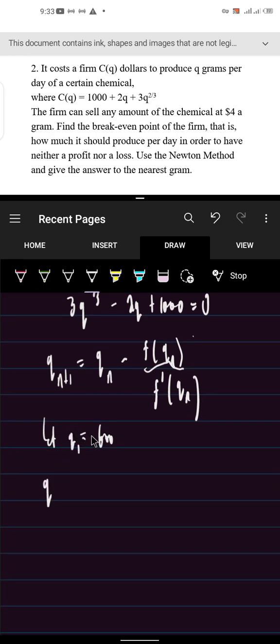So our q n plus 1, with a 1 here, meaning that our q2 will be equal to our q1, which is 600, minus f of q1, that is f of 600, divided by f prime of 600.